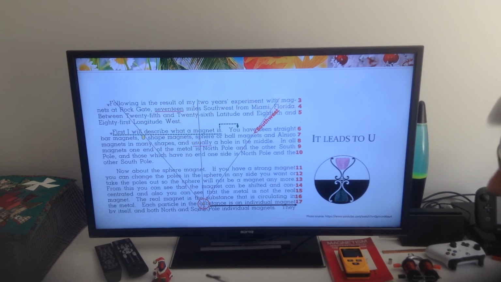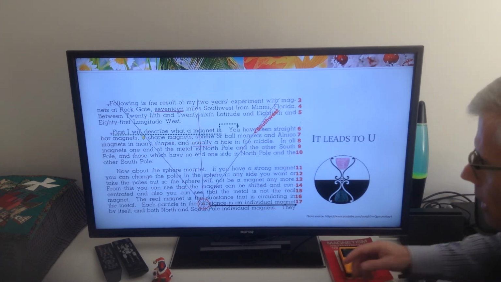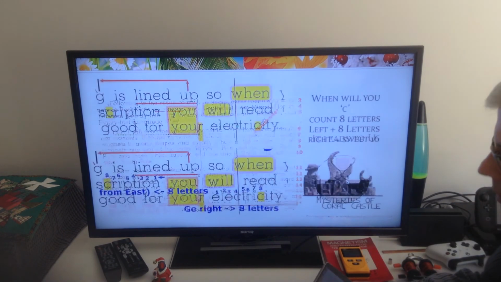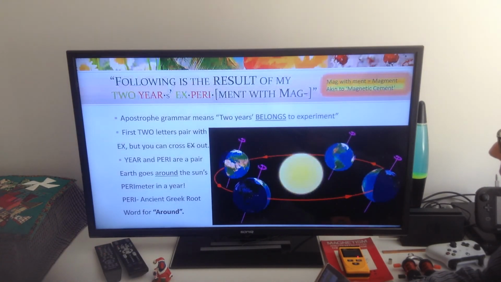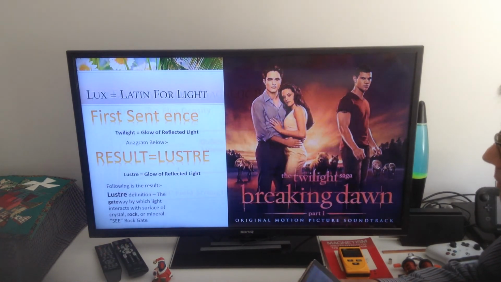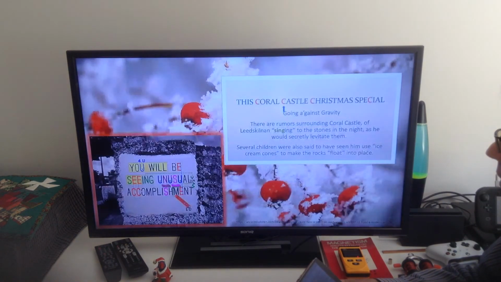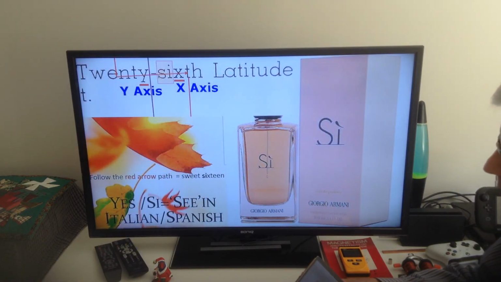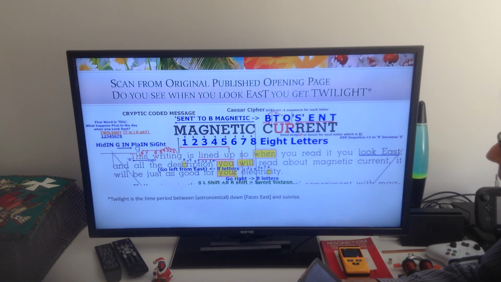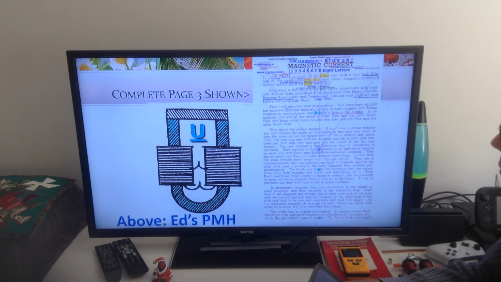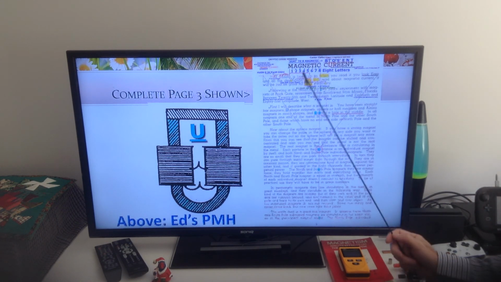The other thing too is if you go back a bit to that page, this is where you get the C from.